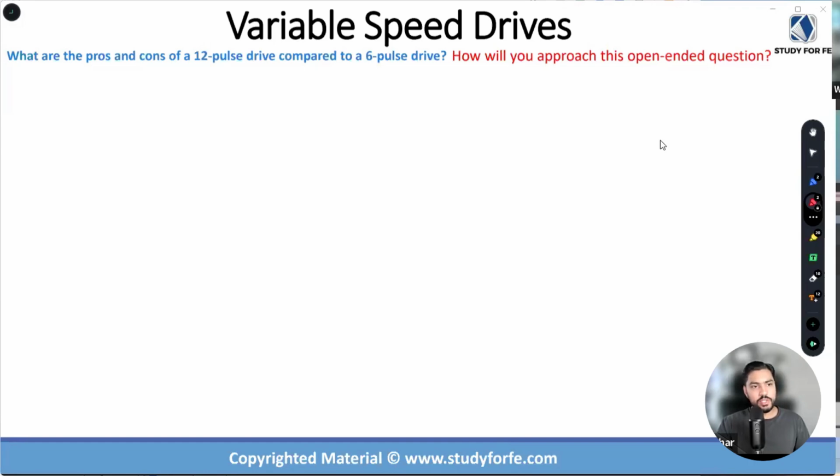Okay. So the question is, what are the pros and cons of a 12 pulse drive compared to a 6 pulse drive? It's pretty open-ended, right? First of all, I don't think a question can be asked like that.